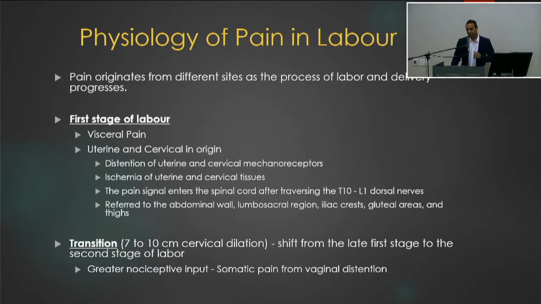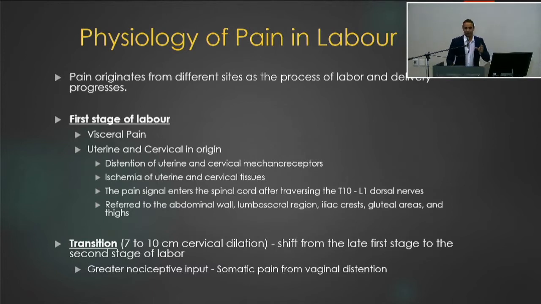As you progress a little bit further on through that transition, 7 to 10 centimeters, you get sort of a mixed component. During this particular portion, you get a mixture of somatic as well as visceral pain. And it's quite important, especially going through the second stage where you get more ischemic type of pain, and that's related to the vaginal canal being progressively distended, and you get progressive distension of those mechanical receptors.